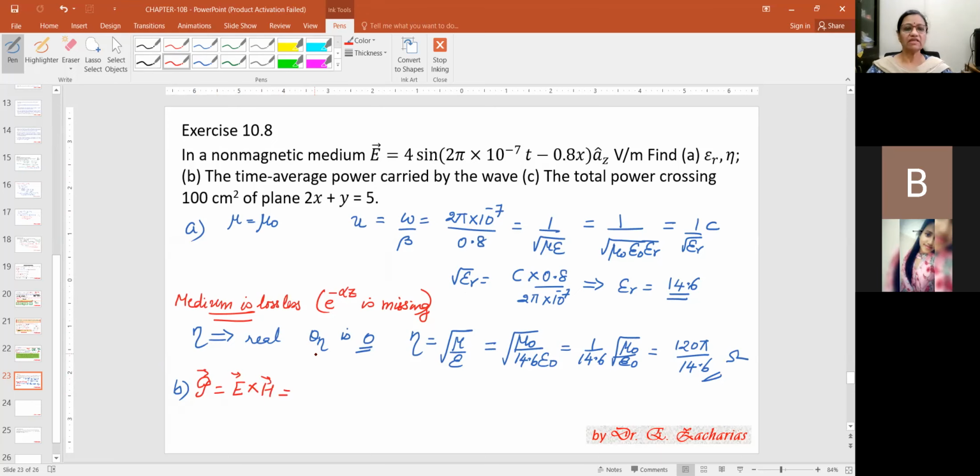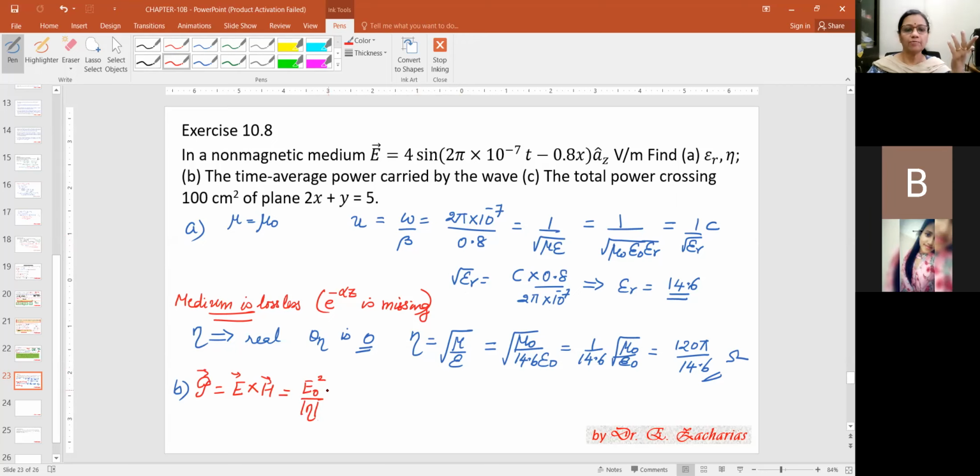E cross H. Theta eta is 0. So therefore you can write it as E cross H will be simply E naught square by modulus eta, and then there is a sine omega t minus beta x.